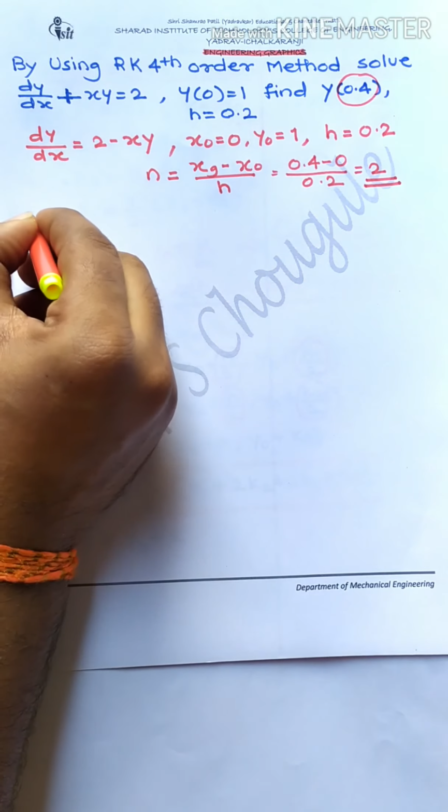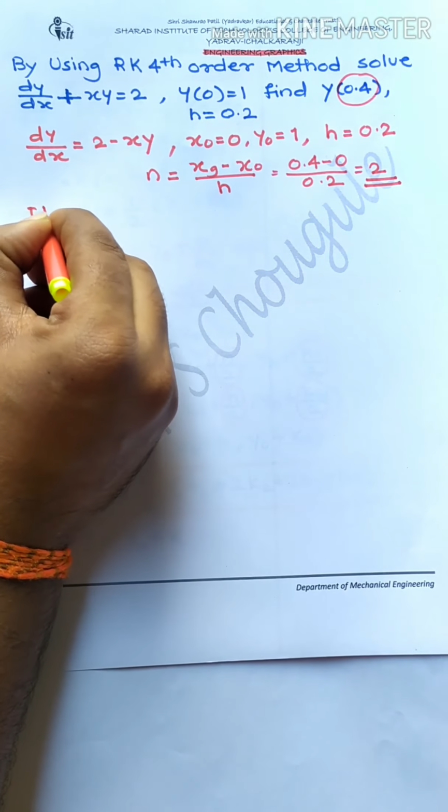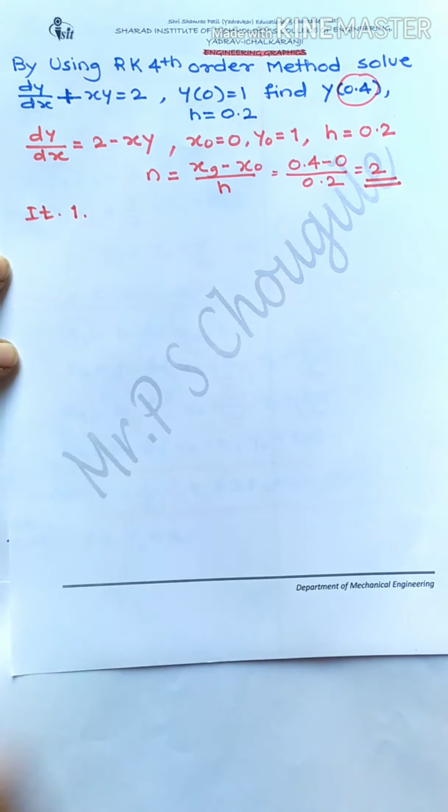So the iteration number 1 will be, at iteration 1, as usual, you know that we need to find the values of k1, k2, k3, k4, and by all this we will find the value of k.